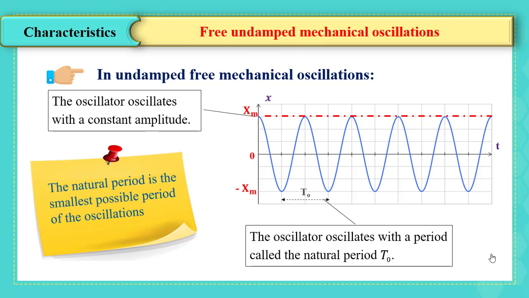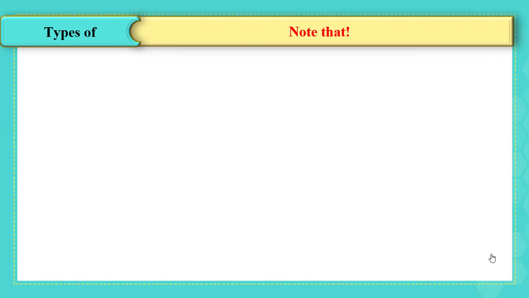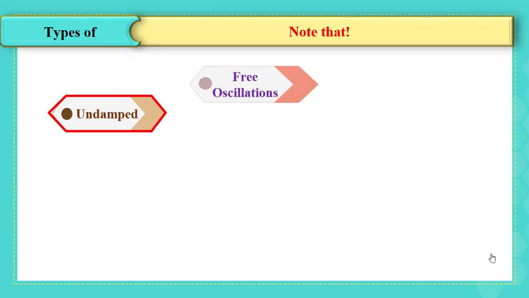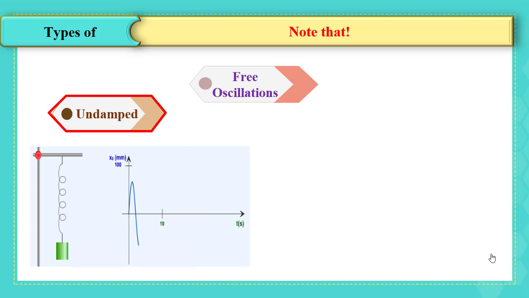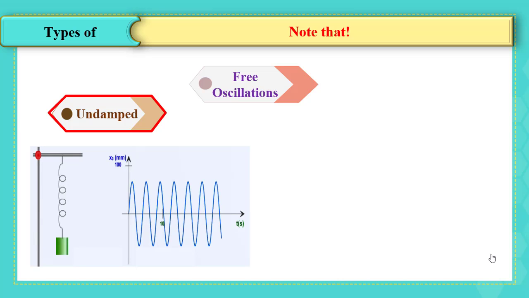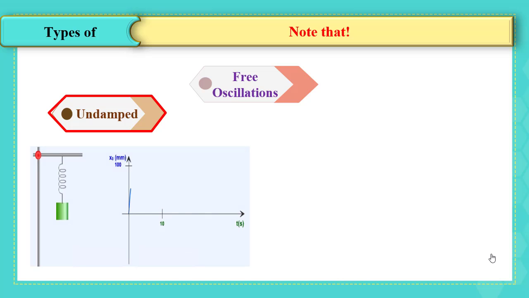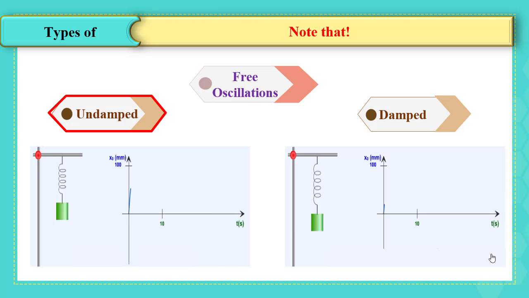The natural period is the smallest possible period of oscillations. Note that in this video, we are considering the undamped mechanical oscillations where the amplitude is constant. In this case, mechanical energy is conserved because there is no friction, no non-conservative forces. But it is good to know how the damped oscillation would be. In damped oscillations, because of the existence of non-conservative forces, mechanical energy is not conserved and the amplitude decreases over time.